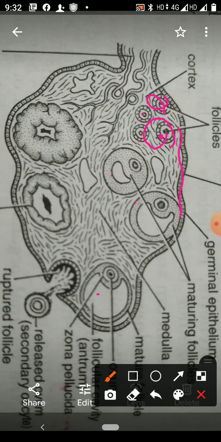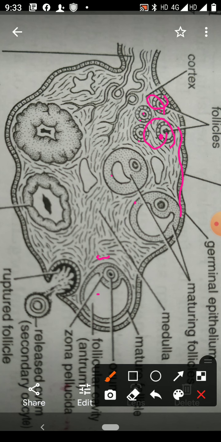At puberty, 60 to 80,000 primary follicles are present in each ovary. So there are so many follicles present in each ovary, but from these a large number of follicles degenerate during the phase from birth to puberty.